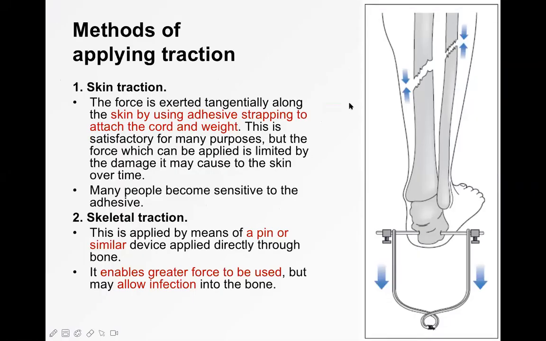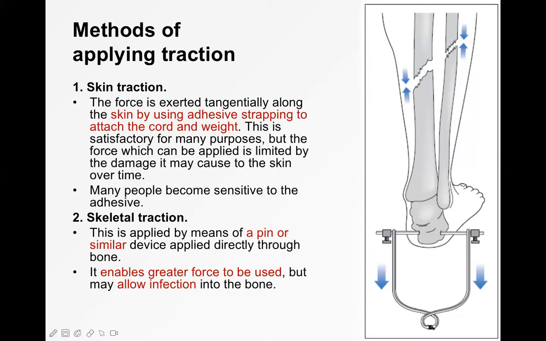Now see here, let's go to the different methods of applying traction. Please pay attention, this is quite an interesting class, and this is very useful for you regarding practical knowledge as well. Now the first one is skin traction. How do we apply this skin traction? The force is exerted tangentially along the skin by using some adhesive strapping to attach the cord and the weight.